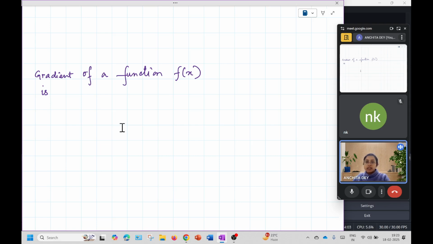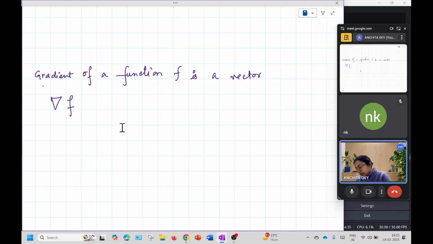Right now I've only written it in terms of f of x, so maybe I can just say f to generalize it. So gradient of this function f is a vector. Mathematically, that nabla symbol that we had is also a way to express gradient.